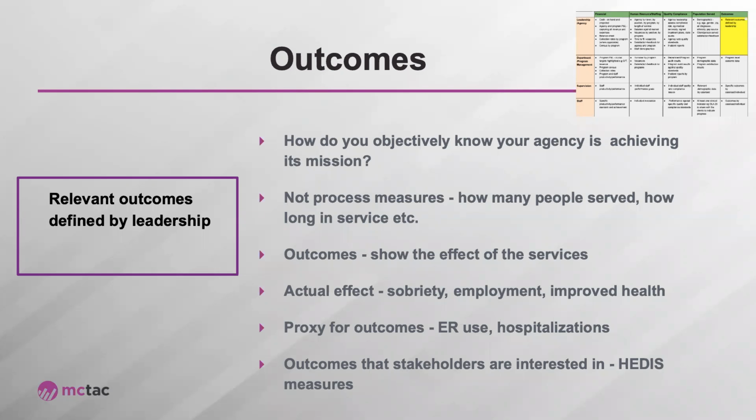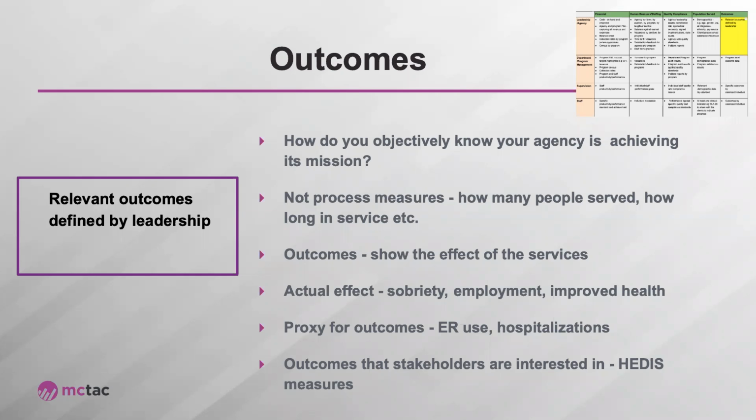And it's also worth looking at, what are the stakeholders interested in? What are their needs in terms of outcomes? So there's an example here of managed care companies being very interested in how the HEDIS measures they are held accountable to are improving.